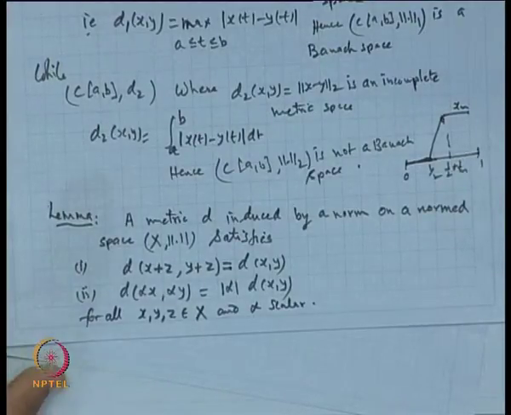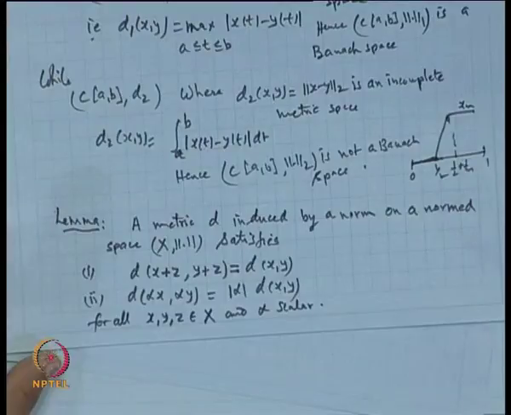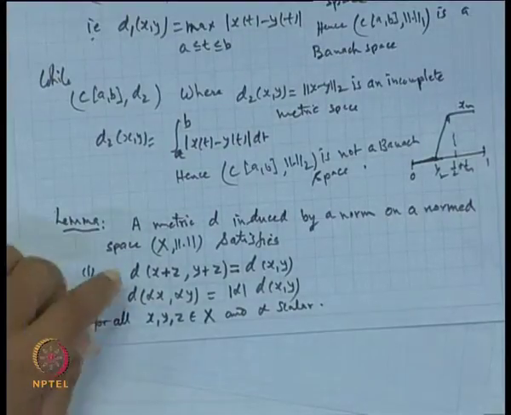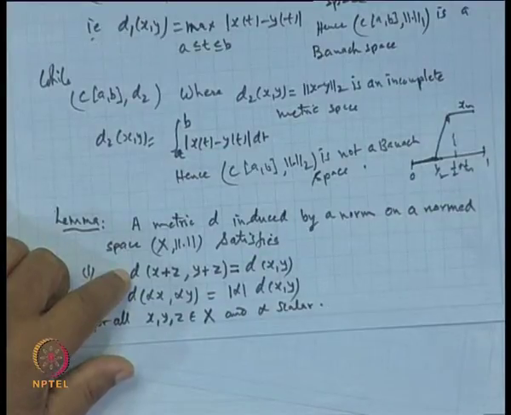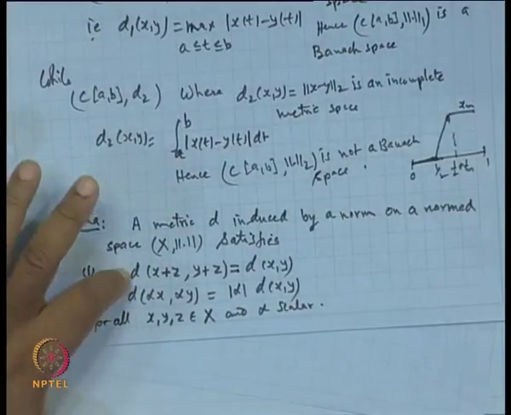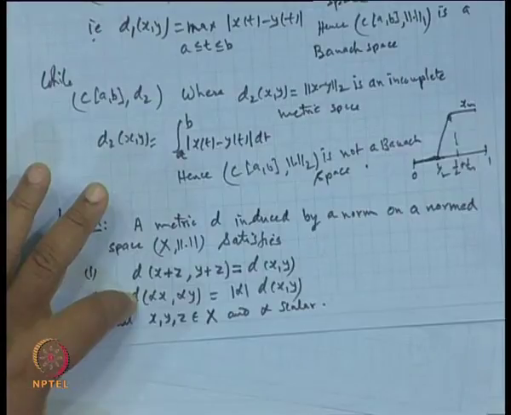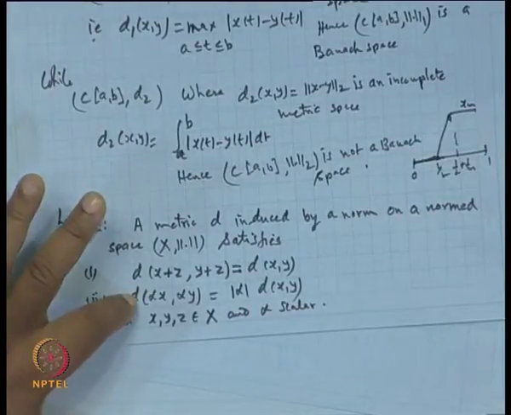So, what this lemma suggests is that if you want to test whether the given metric can be introduced with the help of a norm, these two conditions must be satisfied. If any one of the conditions fails, it means the metric d cannot be induced by the norm.